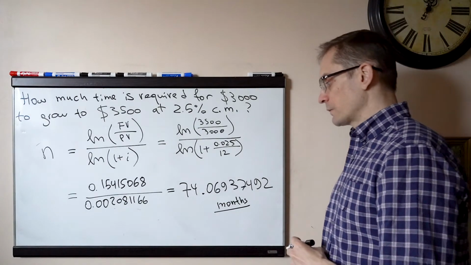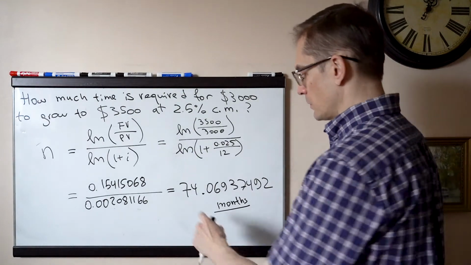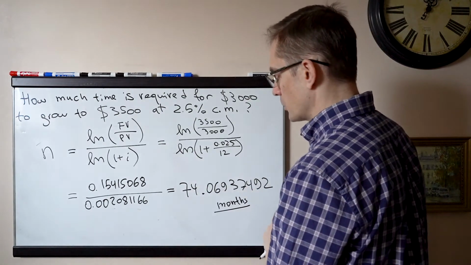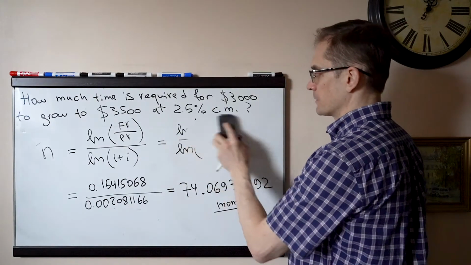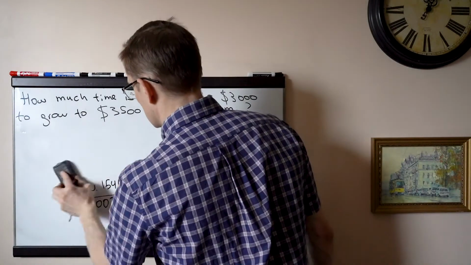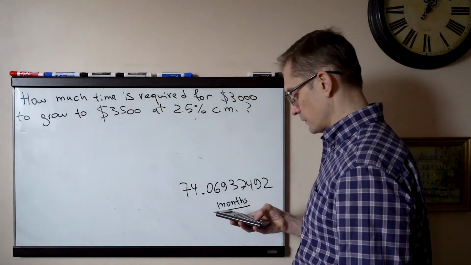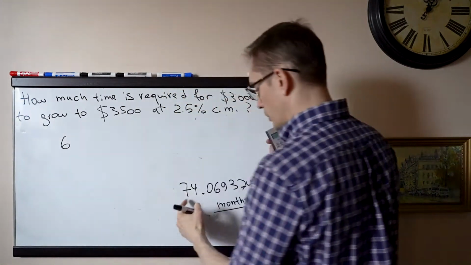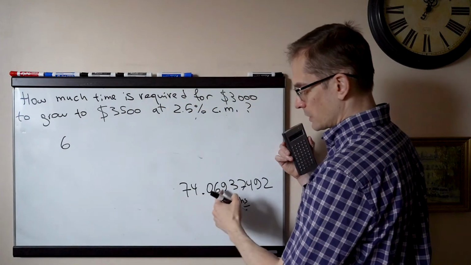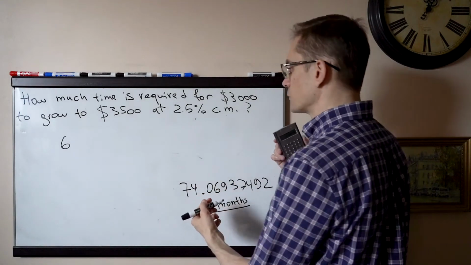Now, let's first see how many years that is. Let me erase this. If you divide that by 12, because this is 74.06 and so on months, you divide by 12 to get how many years.